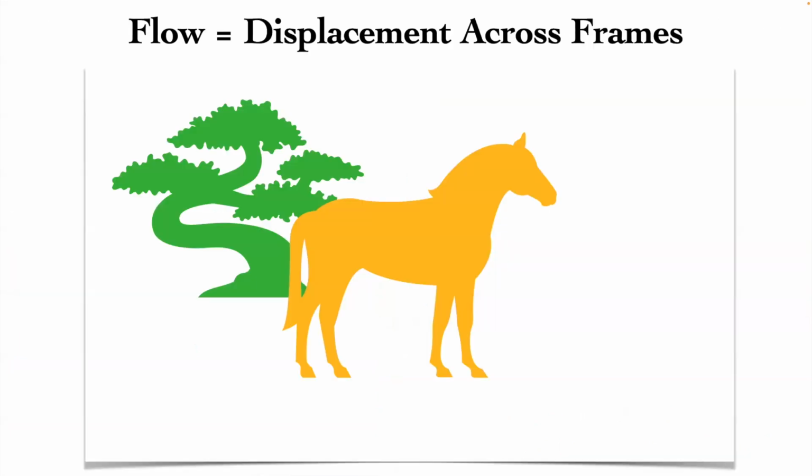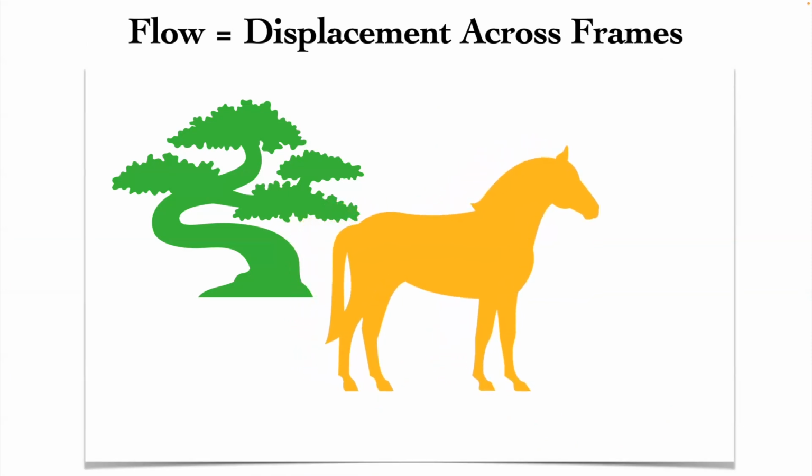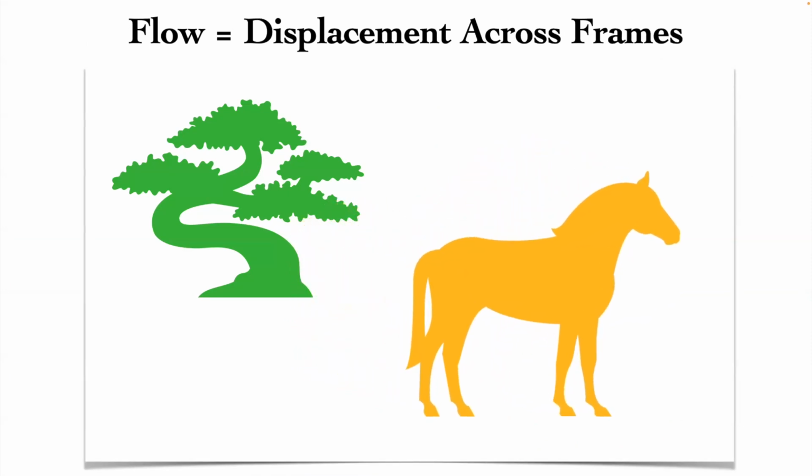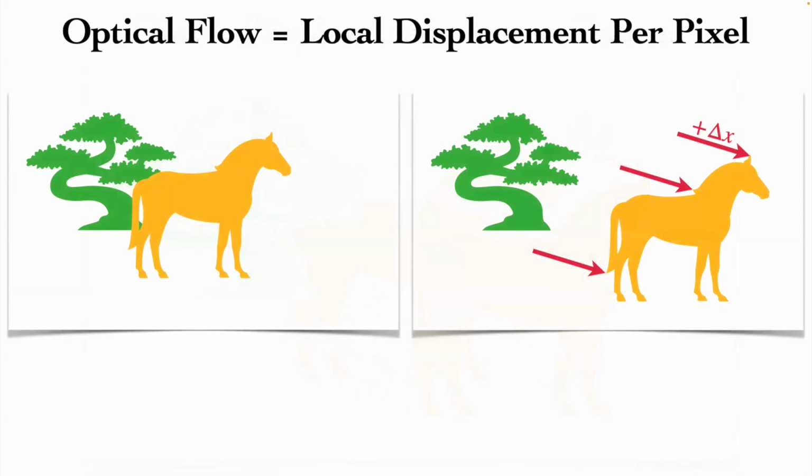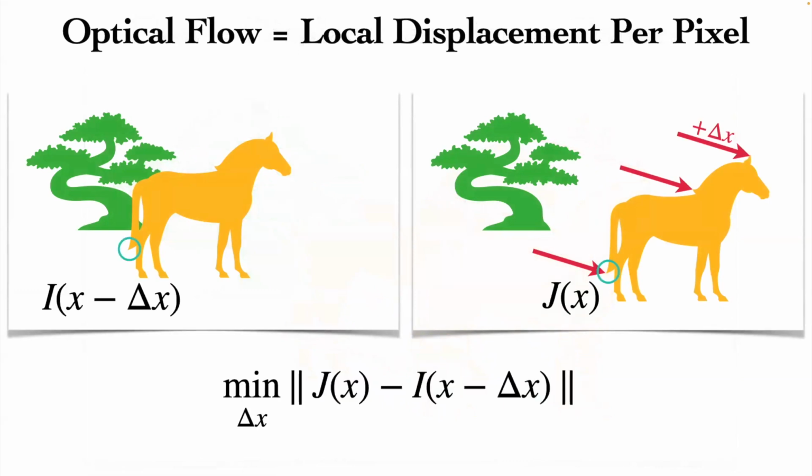So let's review the basics. Optical flow is simply displacement across frames in 2D. Here's a schematic. The horse has moved and you find a corresponding point and how much displacement there is in the image. Now, usually this is solved by giving images I and J, and you just minimize the appearance differences.